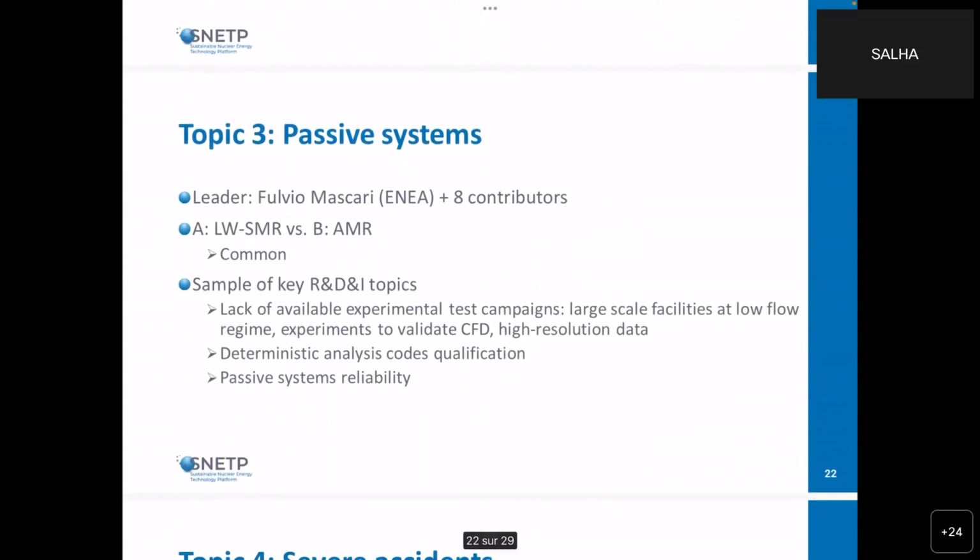If I take, for example, this topic of passive systems, we really need to work, because we do not have all the large-scale experimental facilities at the moment to be able to prove the design of certain reactors. We do not yet have the code qualification in that respect. We have some parts, but not all.